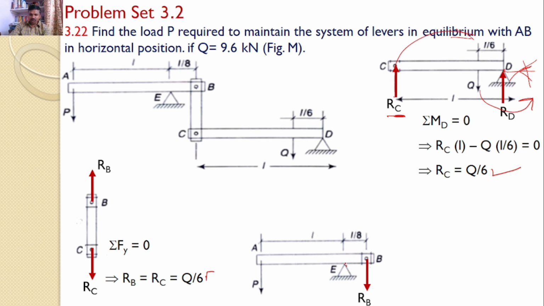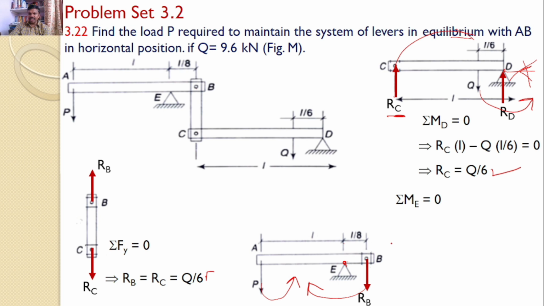Now let us take the moments about point E. Then RB will introduce a moment in the clockwise direction, P will introduce a moment in the counterclockwise direction. The P is at a distance of L and RB is at a distance of L by 8. Hence I can comfortably take the moments about E.